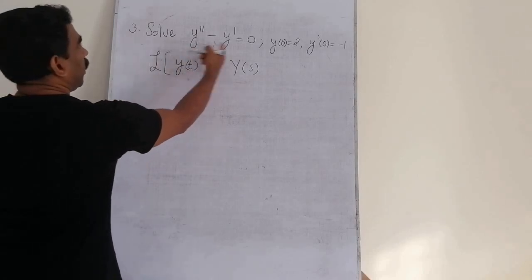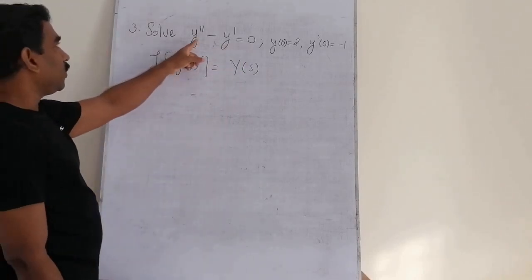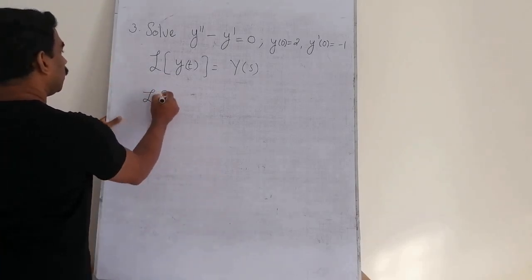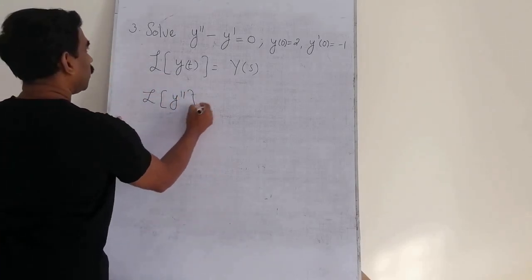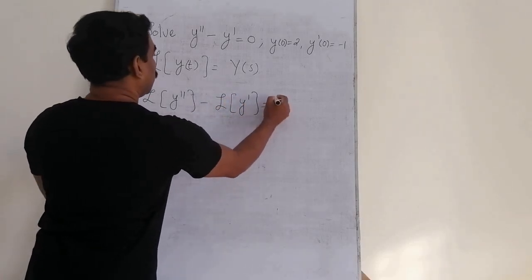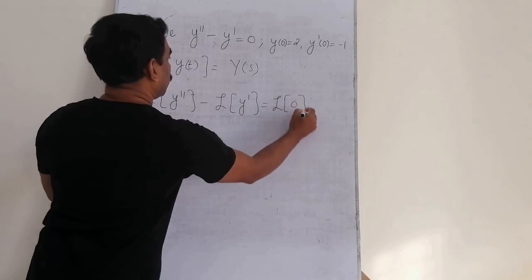So taking the Laplace transform on both sides of this equation, y double dash minus y dash equal to 0, it is L of y double dash minus L of y dash equal to L of 0.